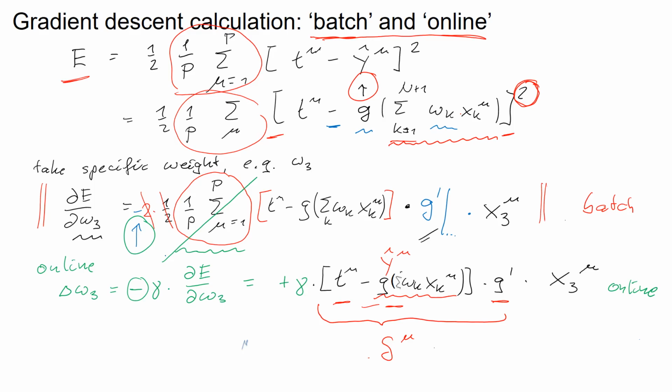Delta W3 equals gamma delta mu times x3 mu. And now we make another observation. Here's the index 3, here's the index 3.